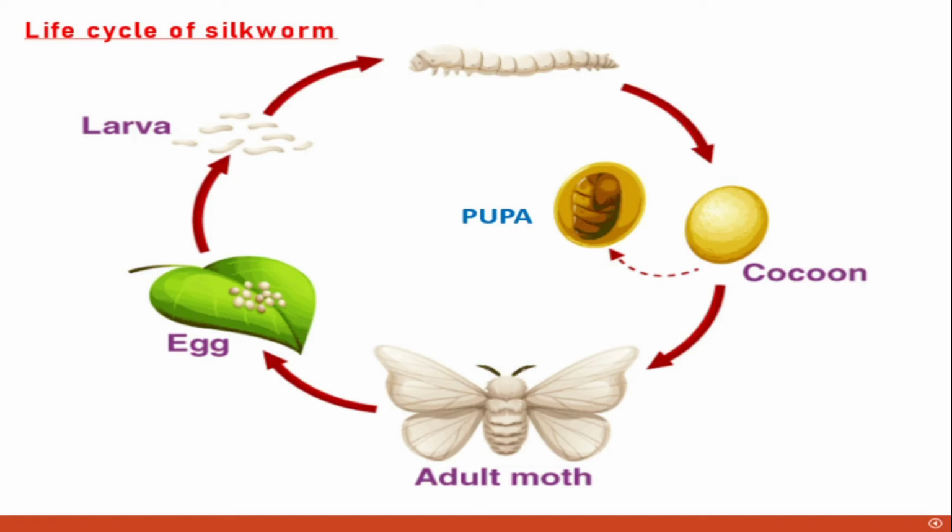Then after a week it goes to the next stage, known as the adult silk moth. It breaks the cocoon and comes out.